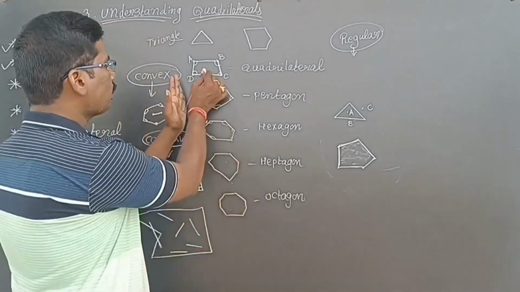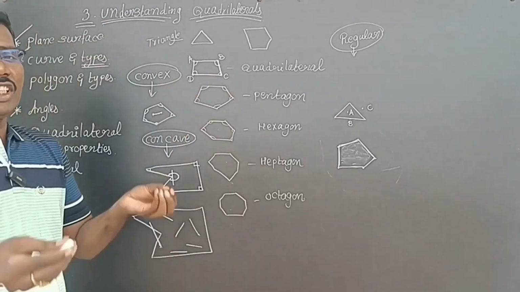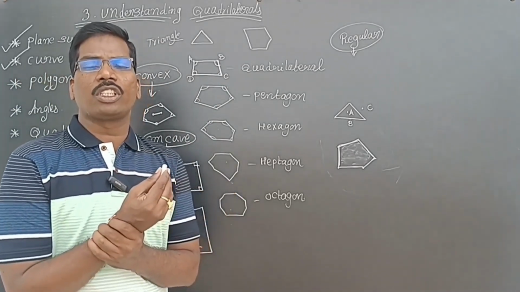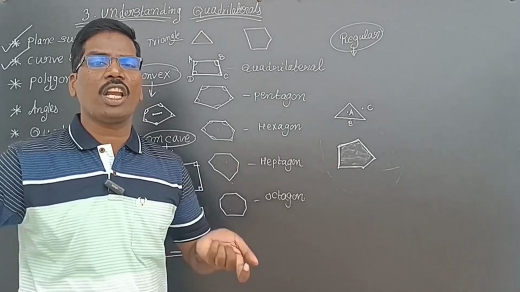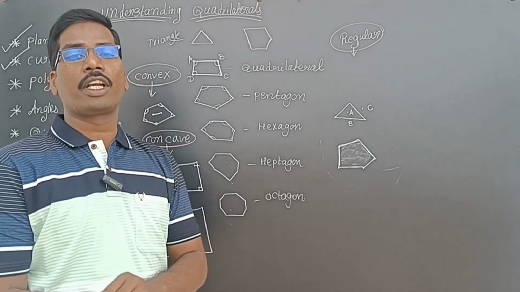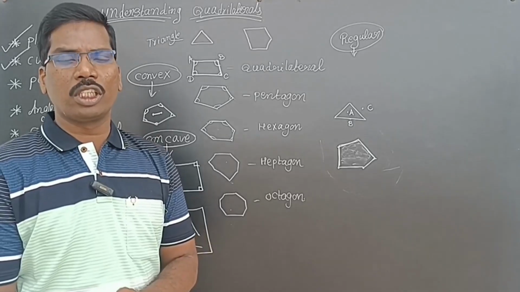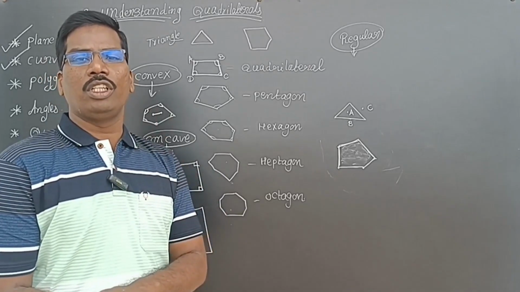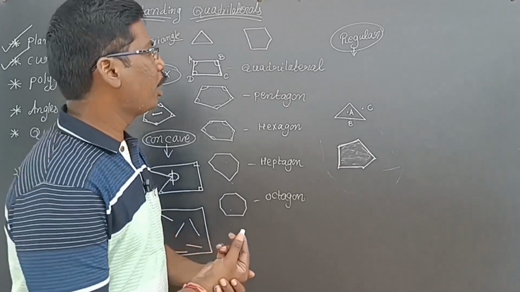Now see, these sides and angles. If the sides and angles of a polygon are equal to each other, then the polygon is said to be a regular polygon. If sides and angles are not equal to each other, then that is called an irregular polygon.